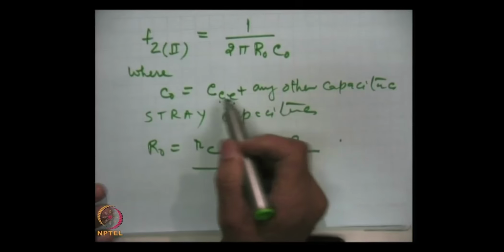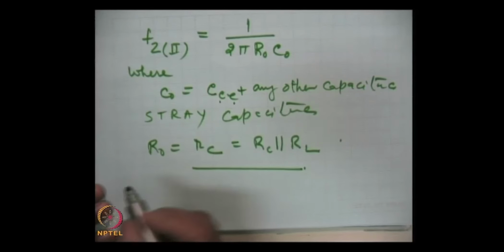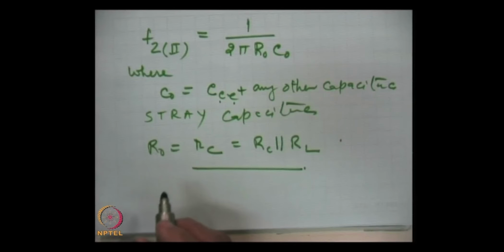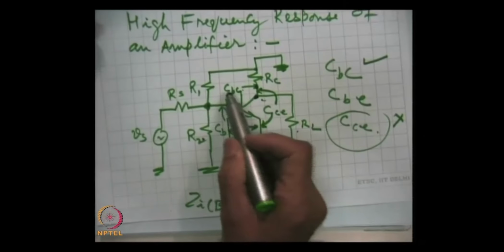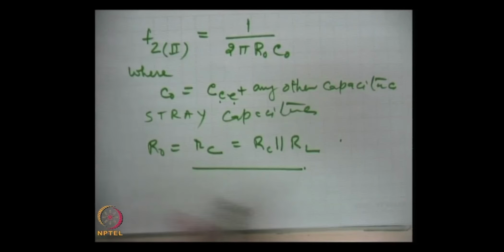In addition to this capacitance there will be that because of Miller effect. You remember that C_BC at the output from Miller's theorem comes out to be of the same magnitude.